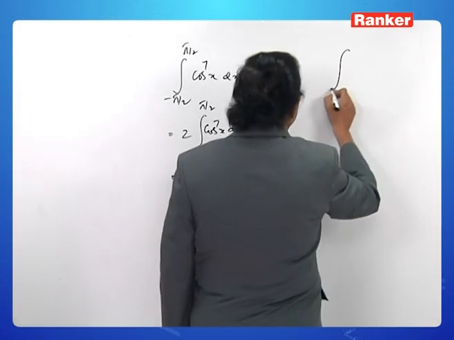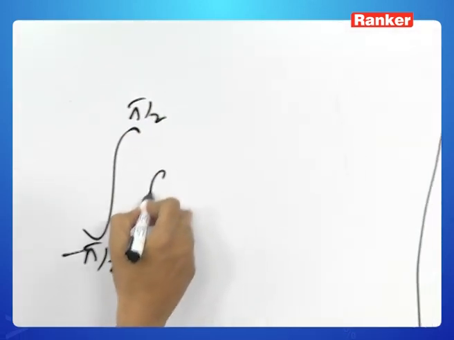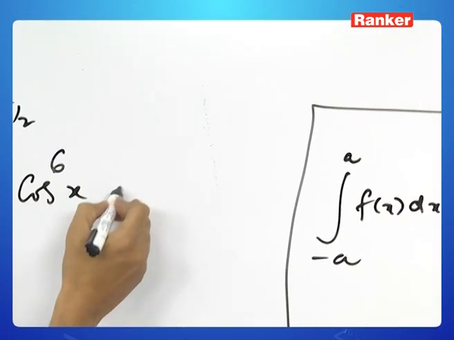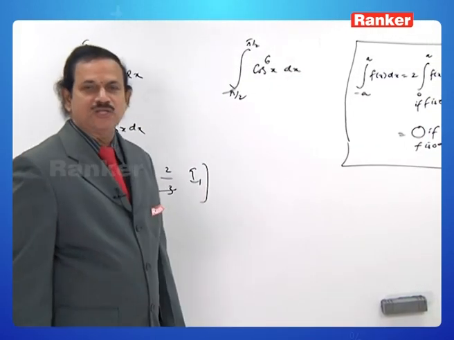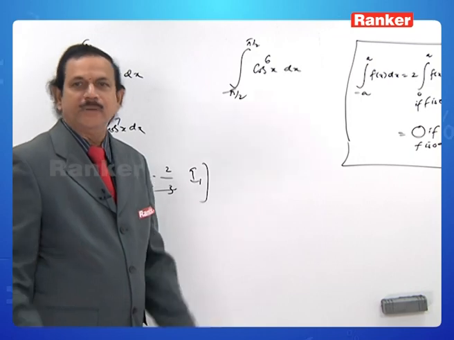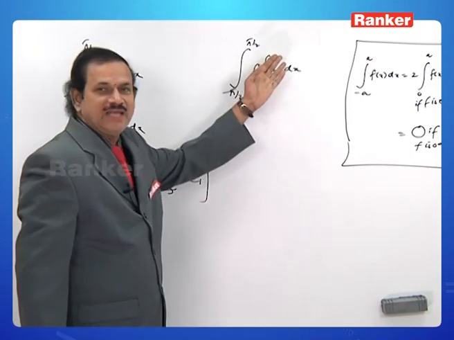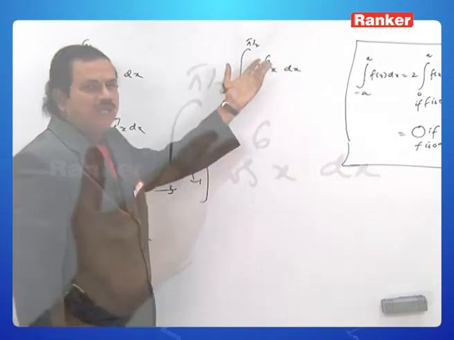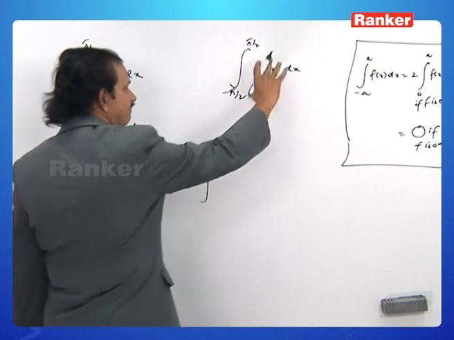Well, you observe another such question. Integral minus pi by 2 to pi by 2 cos power 6x dx. As and when you are dealing with the cosine function, basically cos x is an even function. Therefore, irrespective of the exponent attributed to that, either it is odd or even, no problem, it is an even function.